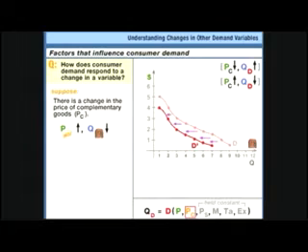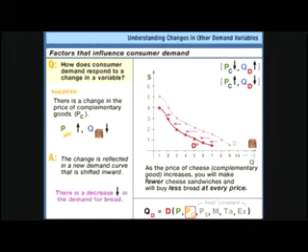And if we're not buying cheese for cheese sandwiches, then we're not going to buy the bread to go with it. And that means a smaller quantity of bread purchased at every price, an inward shift of the demand curve.